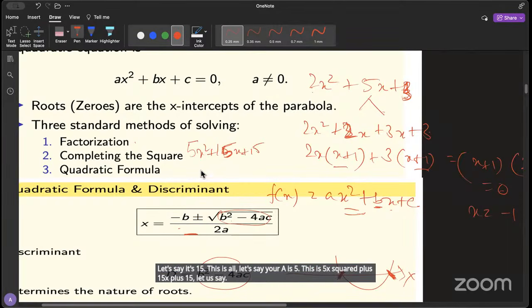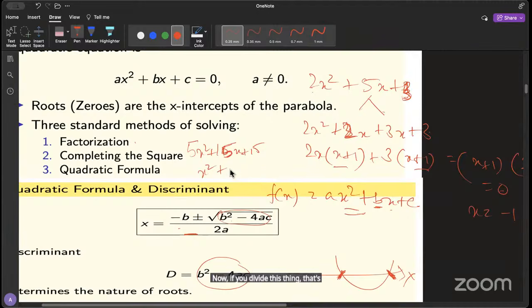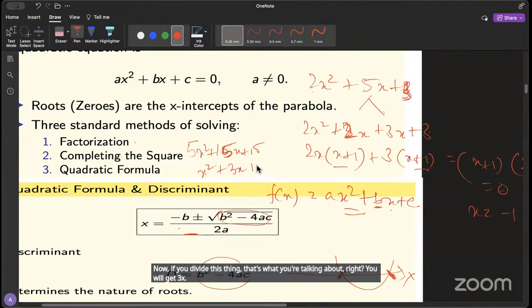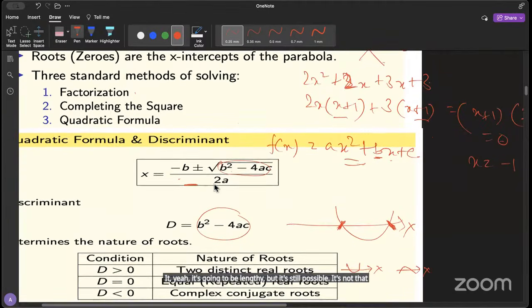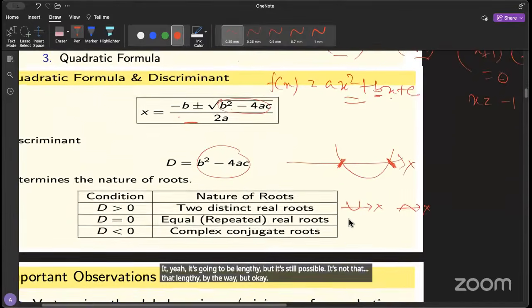Now if you divide this, you will get 3x plus, b by 2, and then 3 by 2 we have to square it. Yes, it's going to be lengthy, but it's still possible. It's not that lengthy, by the way, but okay.